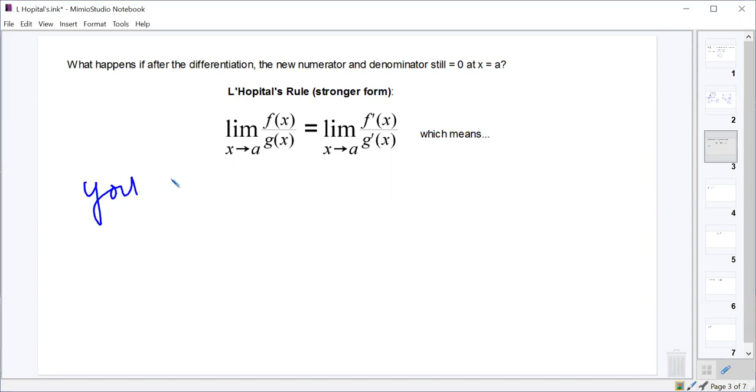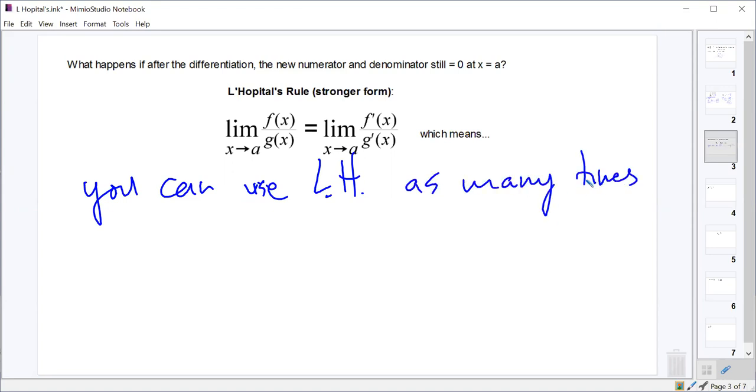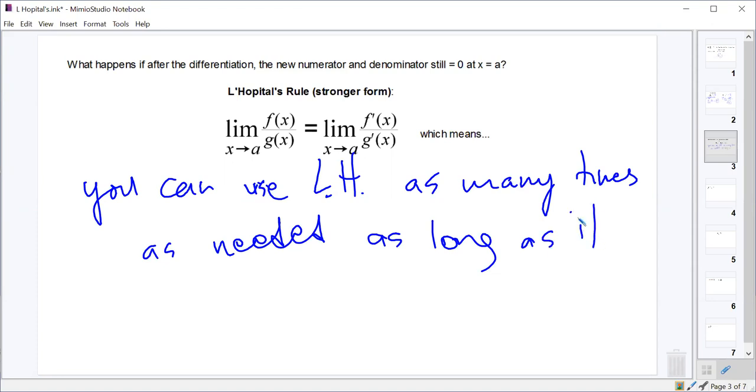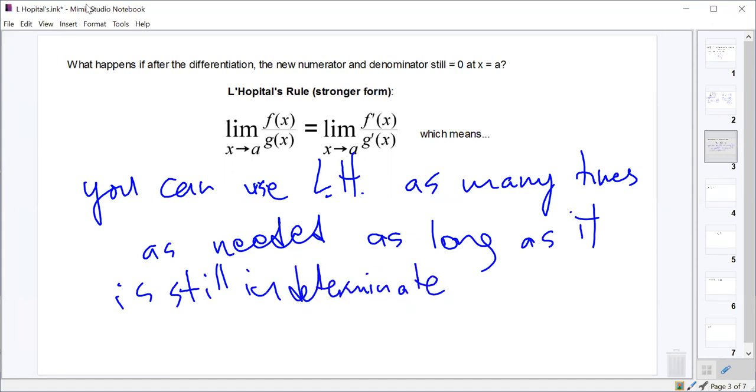So you can use L'Hopital's rule as many times as needed, as long as it is still indeterminate each time. Good or no?